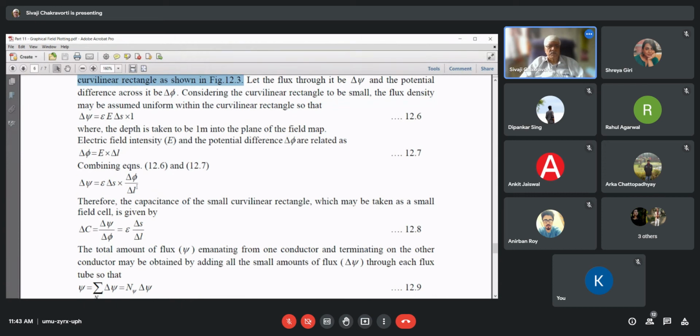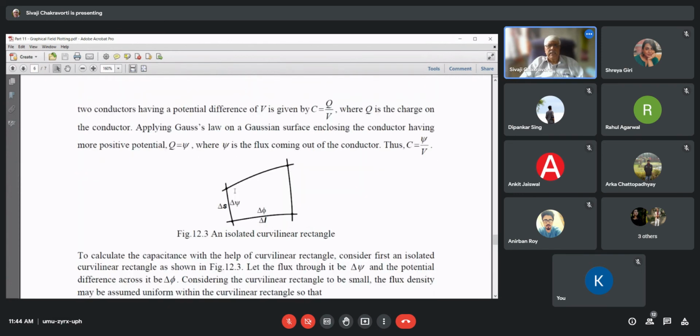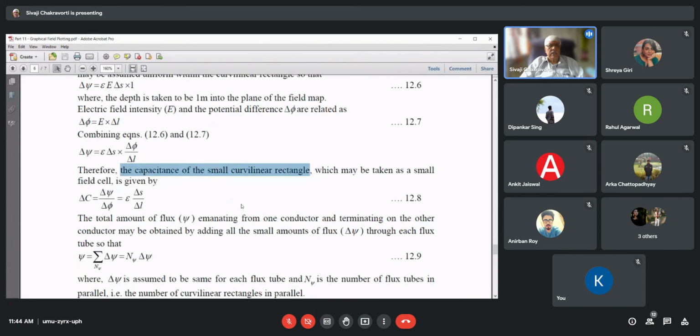Therefore, from here, if you take del psi by del phi, that becomes del C, a small capacitance. What is that? It is the capacitance of the small curvilinear rectangle. Del psi by del phi will be the capacitance of this curvilinear rectangle. And how much is it?